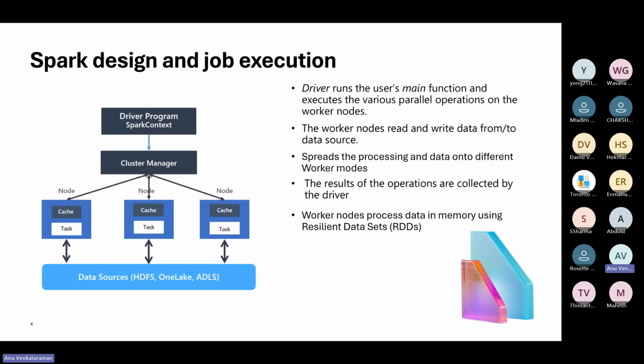These executors run on worker nodes, and there could be multiple executors in a worker node. These executors are like JVM containers, because Spark is built using Scala, and Scala is a JVM language. These executors can execute that JVM code, right?